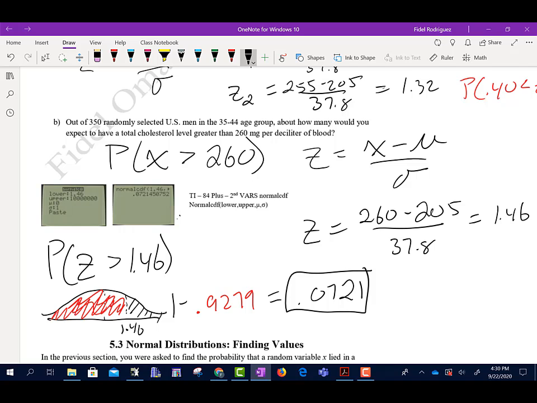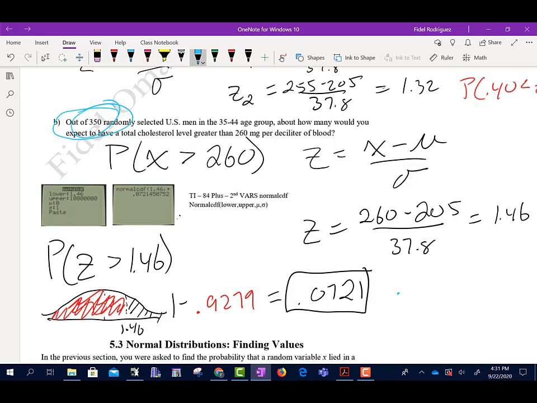The question, though, is not asking me for the probability. The question is saying, if we had 350 randomly selected U.S. men in this 35 to 44 age group, about how many of them would have a cholesterol greater than 260? So we'd say 7.21% of the 350.